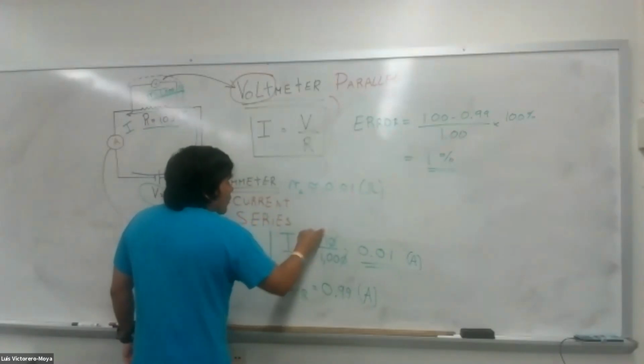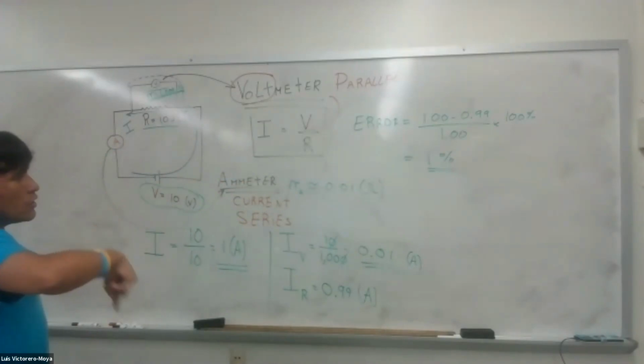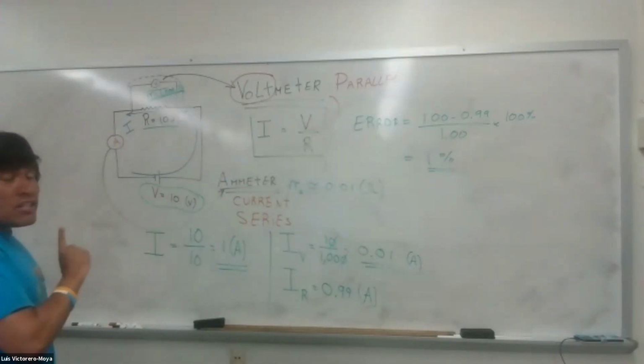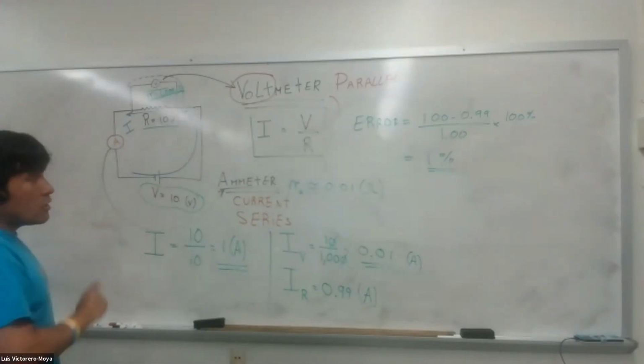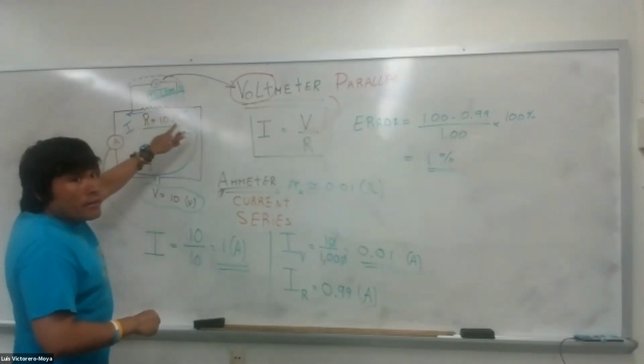So the error is also around 1%, because what you will measure in this case is how much potential is being lost due to that, since the ammeter is in series.